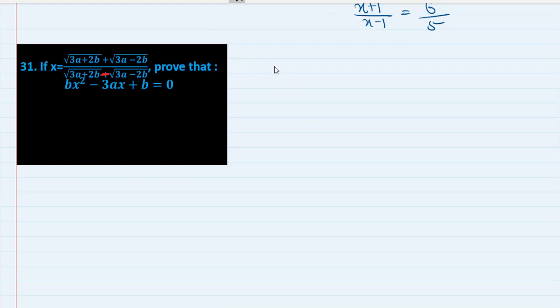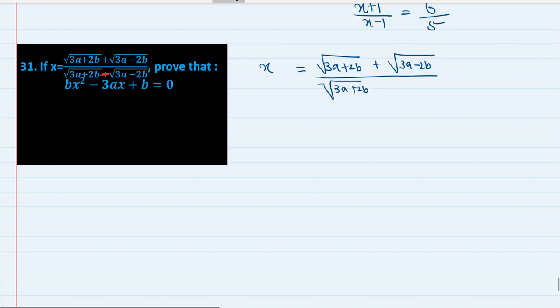Prove that bx square minus 3ax plus b is 0. So let me write what x is. x is equal to root of 3a plus 2b plus under root of 3a minus 2b, the whole upon under root of 3a plus 2b minus under root of 3a minus 2b.